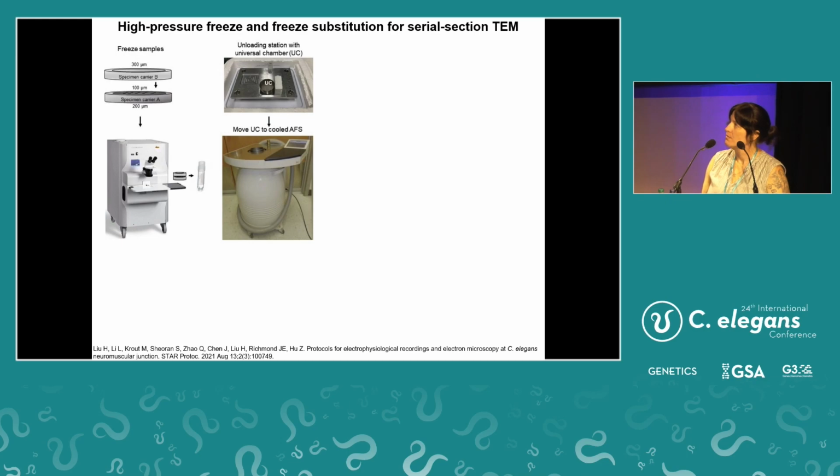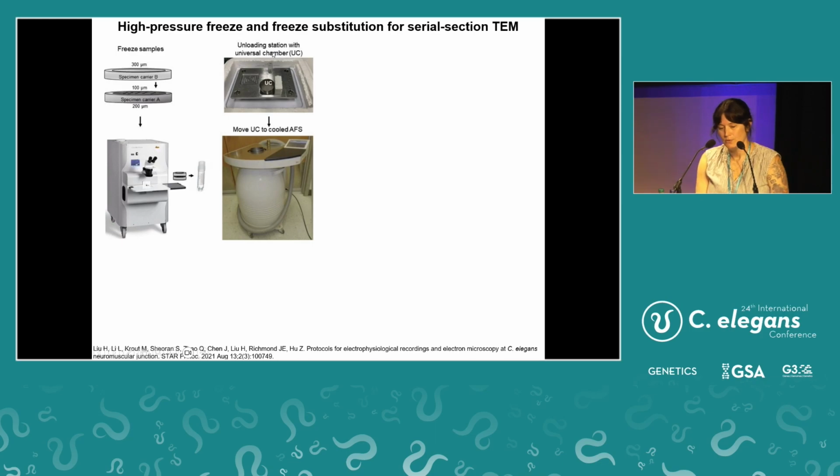And so we remove those worms and put them into liquid nitrogen. We put them into cryovials until they are unloaded on our really handy unloading station that our machine shop made. It's sitting in a styrofoam cooler, and we fill it with liquid nitrogen so that we are maintaining really low temperatures during this unloading.